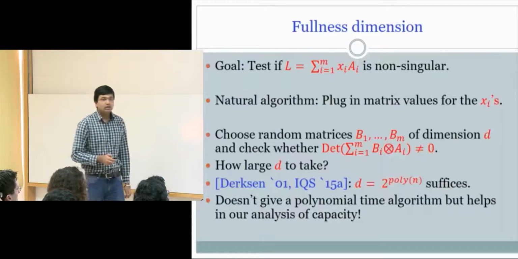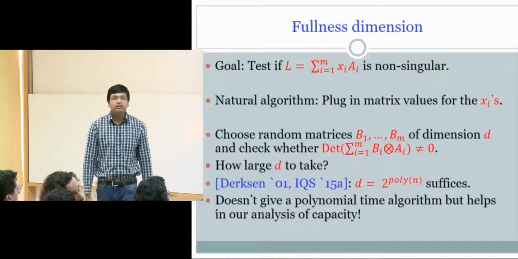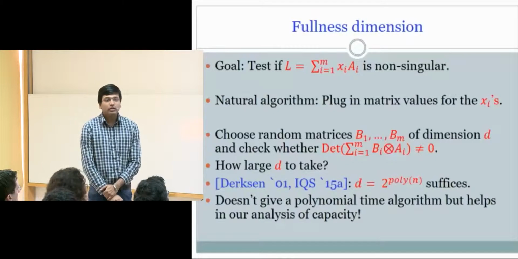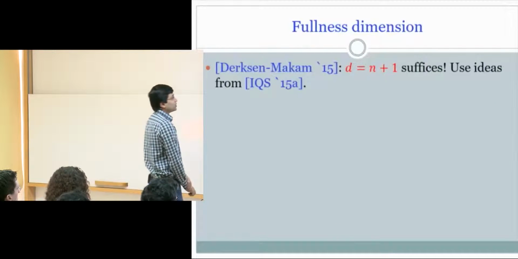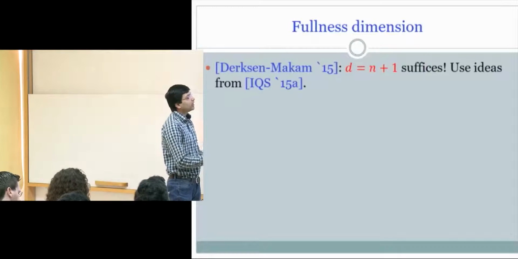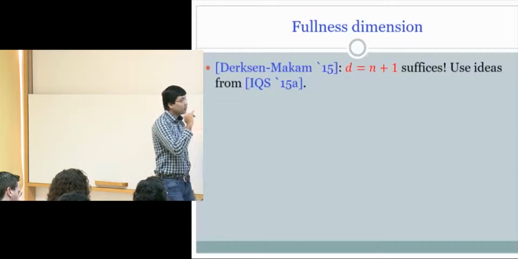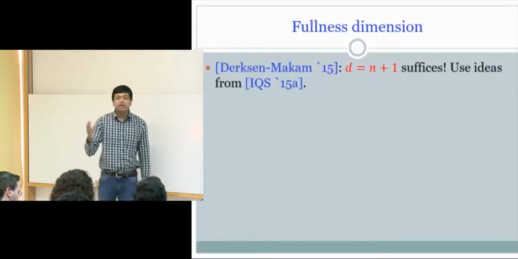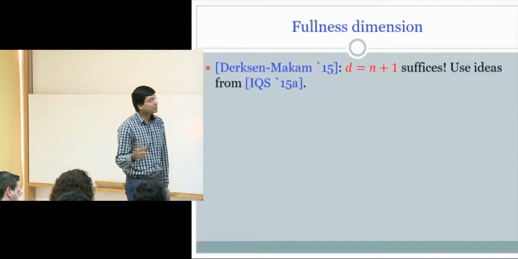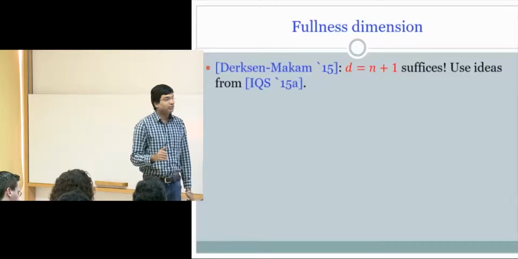By the Derksen-Makam result, it means that you can take the polynomial, right? Yes. So what Ketan is saying is that recently, actually independently of our work, Derksen and Makam showed that d equals n plus 1 suffices for this algorithm. You can plug in random n plus 1 by n plus 1 matrices and check whether the determinant is non-zero.